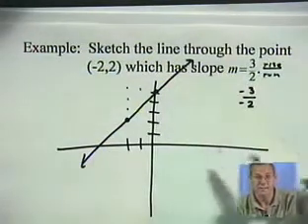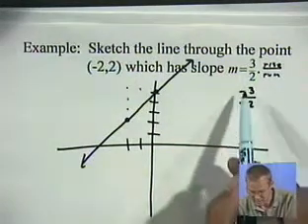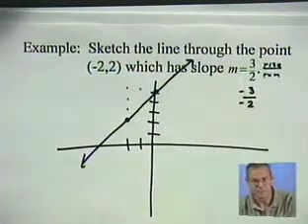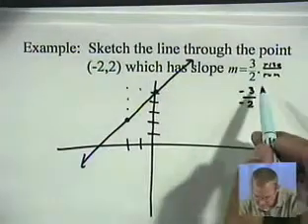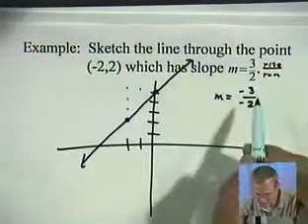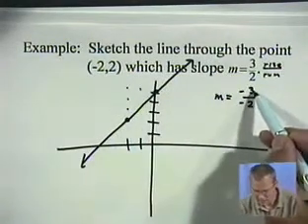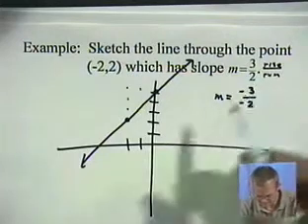3/2 is in fact the same thing as negative 3 over negative 2, because those negatives can cancel, and I'm left with 3/2. So if I think about my slope in this way, to get to another point on the line, starting at this point, I could also rise or go down 3, since the rise is negative.